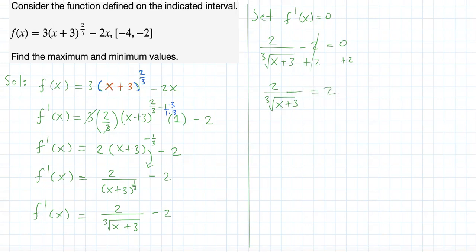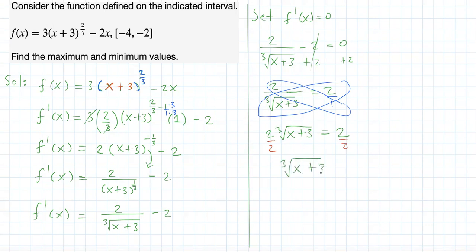Now, 2 is the same as 2 over 1. So if we cross multiply, 2 times the cube root of x plus 3 should be equal to 2 times 1, 2. Dividing both sides by 2, the cube root of x plus 3 equals 1.